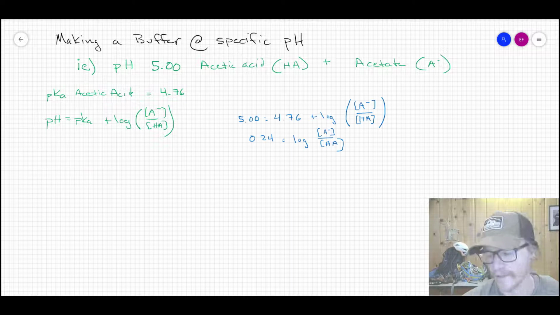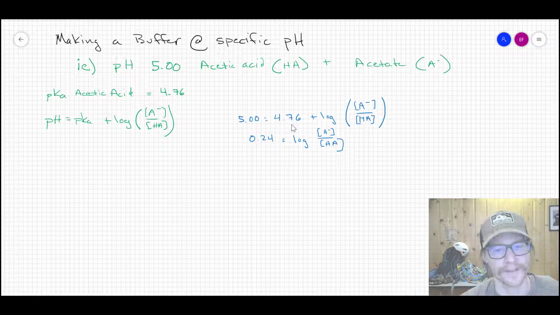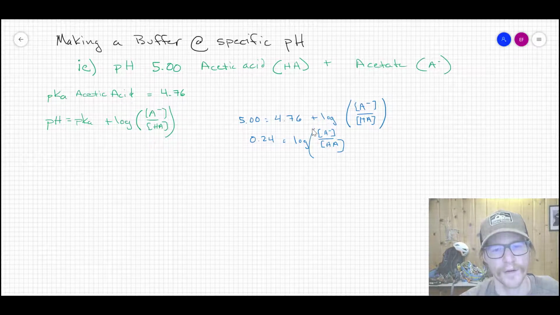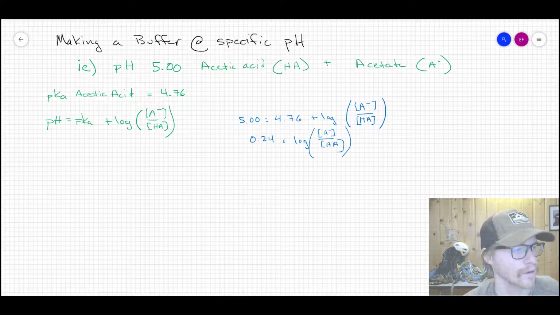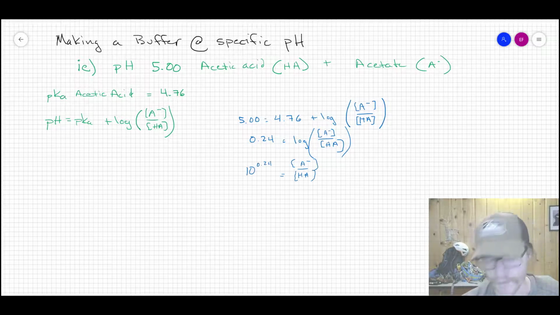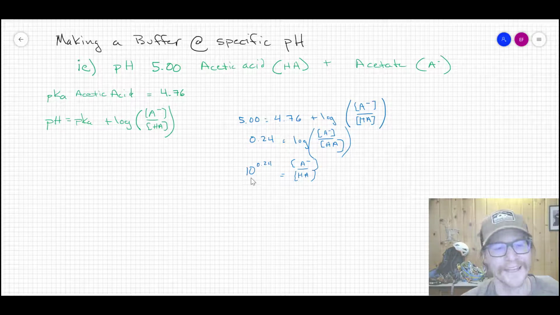So if I write that out fully, I'll have pH 5 equals 4.76, which is the pKa, plus log of base over acid concentrations. So I subtract the 4.76 from the 5, I get 0.24 is equal to the log of the ratio of those two species. So we need to solve. To get rid of the log, we'll take 10 to the power of each side of the expression.